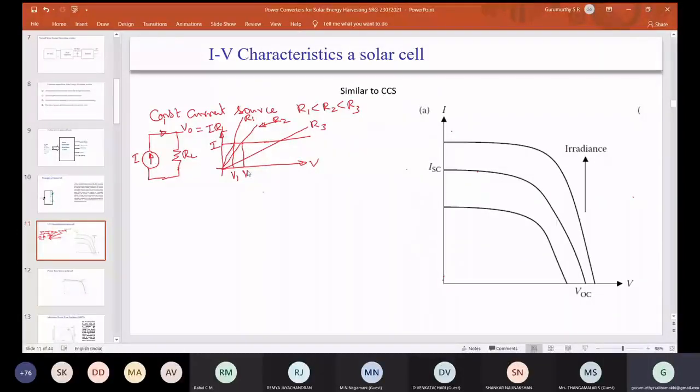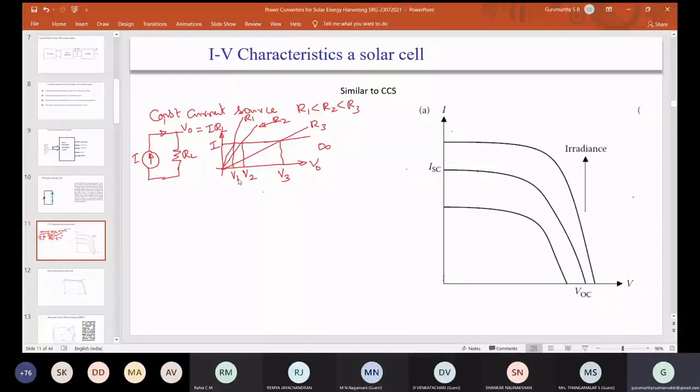Now you increase the resistance to R3, the voltage is V3, right? So as you keep on increasing the resistance value, the voltage will keep on increasing. Finally, theoretically, it will go to infinity if you open circuit it. So this is the ideal current source. This we have all studied.